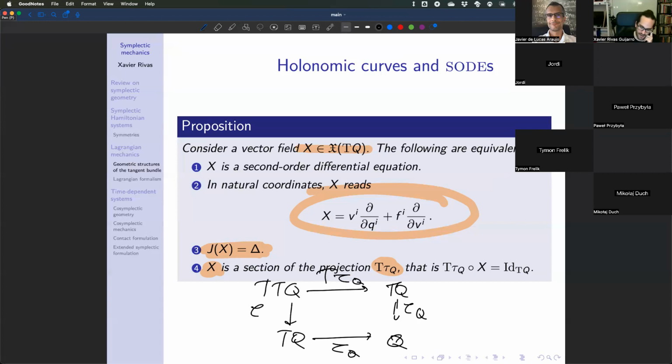And what you have here is tau TQ. So this vector bundle has actually two different vector bundle structures, one given by the tangent of the canonical projection and the other given by the projection of this, thinking of it as the tangent bundle of the tangent bundle downstairs. So a vector field is a second-order differential equation if it is a section of this projection.